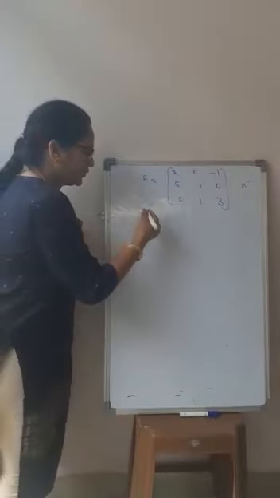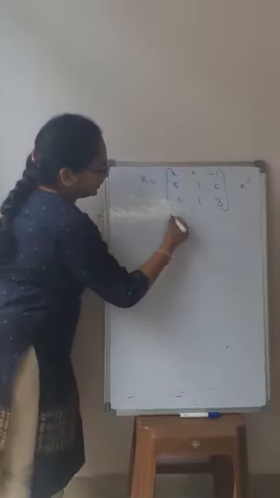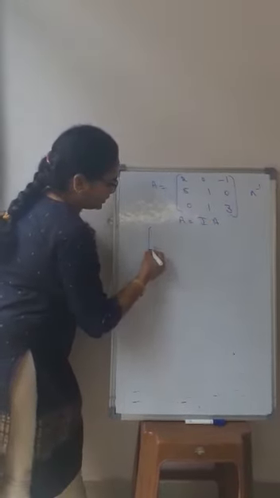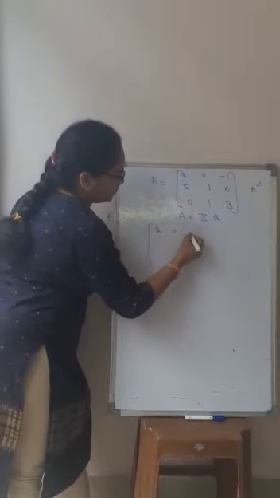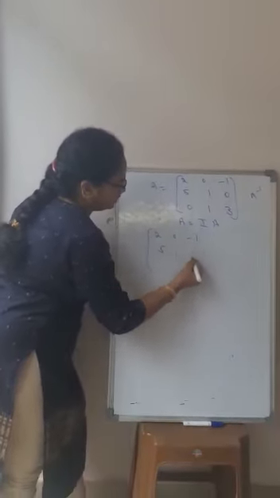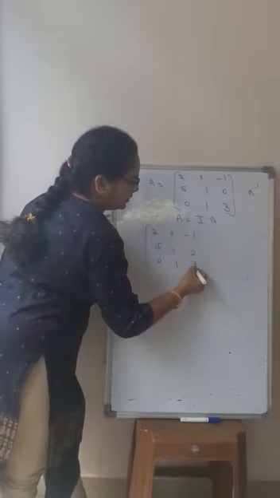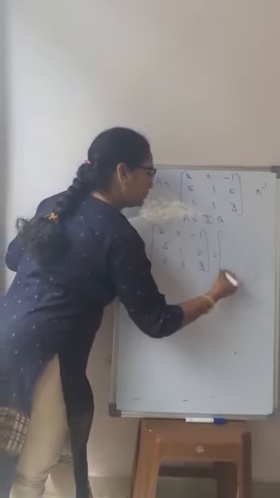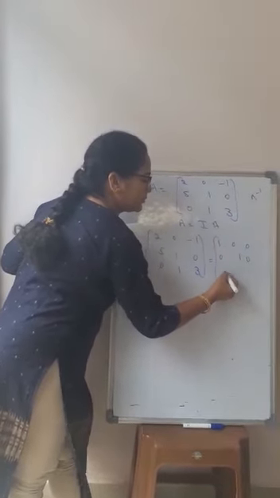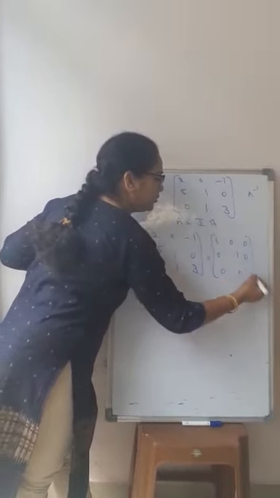So to find the inverse of this matrix, let's write A is equal to IA. So this is [[2, 0, -1],[5, 1, 0],[0, 1, 3]] is equal to [[1, 0, 0],[0, 1, 0],[0, 0, 1]] into A.